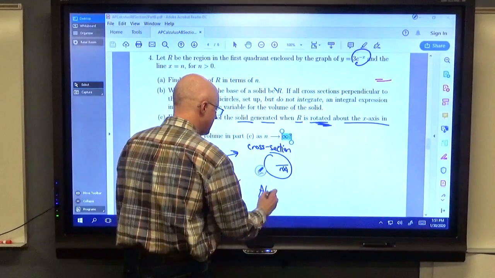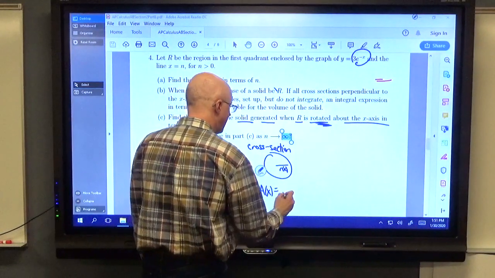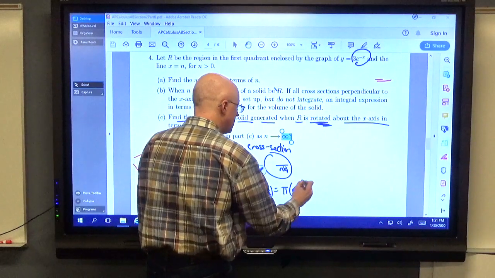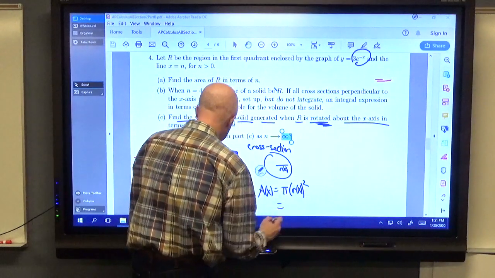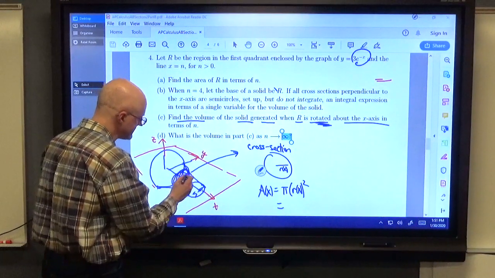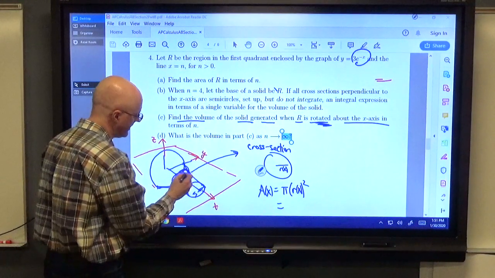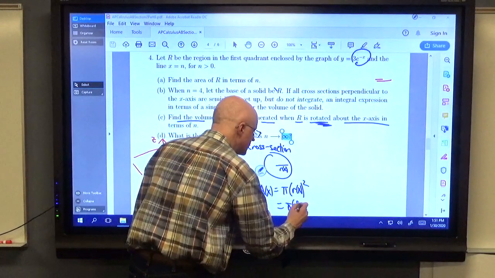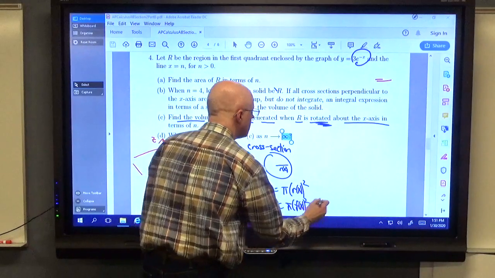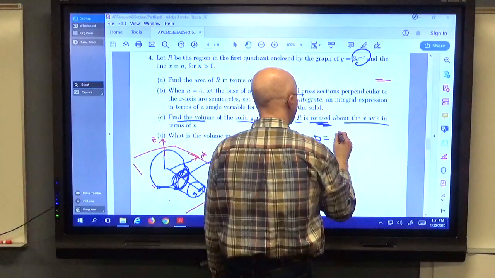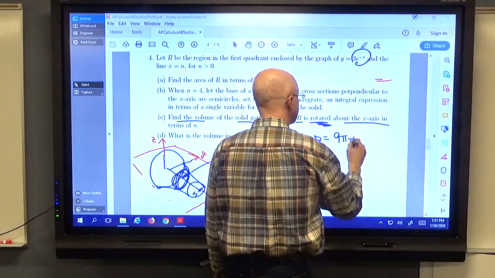The area is pi r squared, but the radius is the function itself. This solid goes around the x-axis. This is the radius here, which is the full height of the function. That's the same as pi times f of x squared. Going back to the function again, 3e to the negative x, we're going to get 9 pi e to the negative 2x.